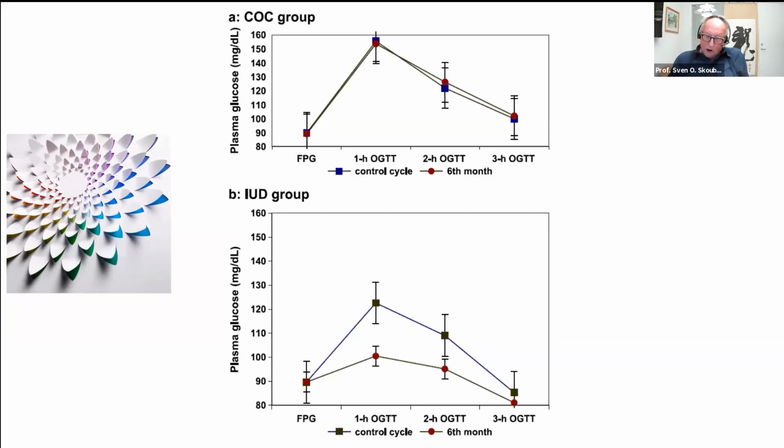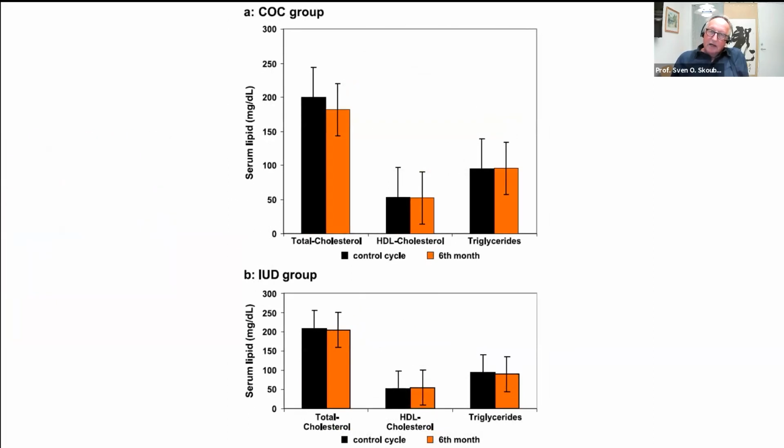But the important thing is that looking at glucose metabolism, there seems to be no impact from a low-dose combined product. And if you look at lipid levels here, cholesterol and triglycerides, you can also see in the upper part of the slide that low-dose combined contraception with hormones seems to have no impact. In this study here was used a combination of estradiol and levonorgestrel.